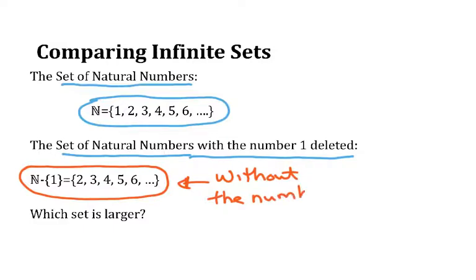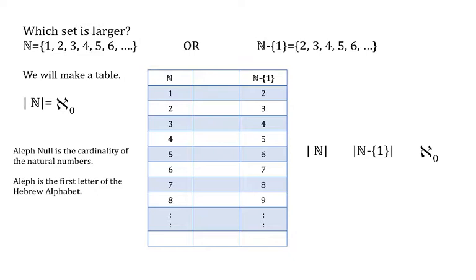And there's a question: which set is larger? Well, we did take something away from this set, so maybe you think that this is larger. Well, our only tool is a one-to-one correspondence, and this is how we'll get started.